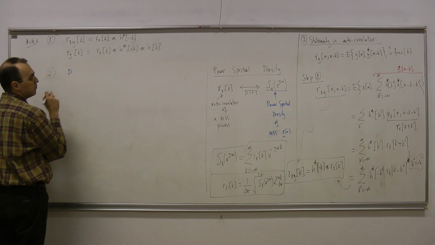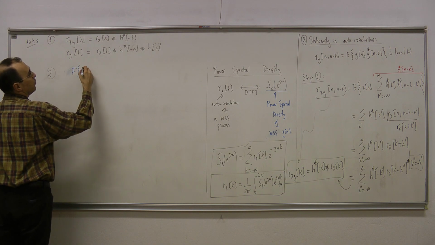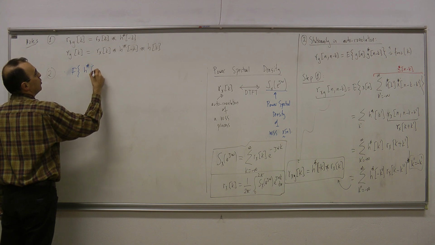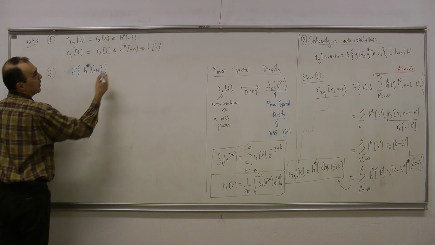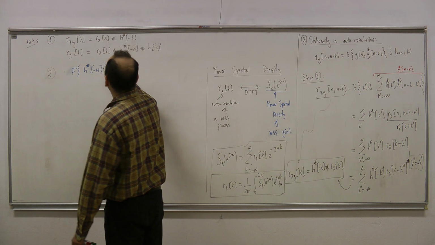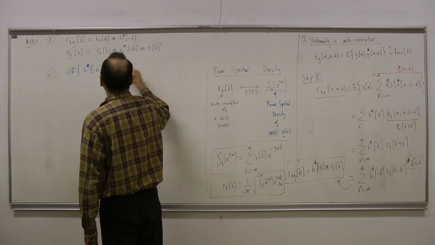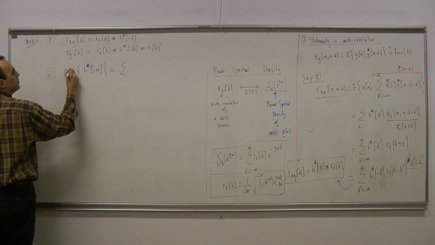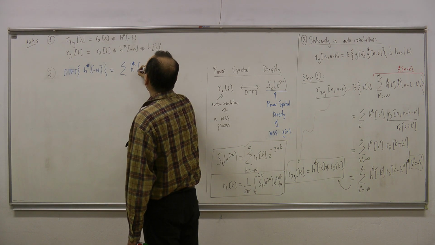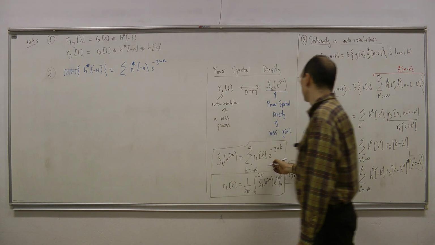Let me write, for example, the Fourier transform of h conjugate of minus n, let's say, with the n variable that we are more familiar with. Let me write DTFT, just to be exact. Okay, so this is the definition.